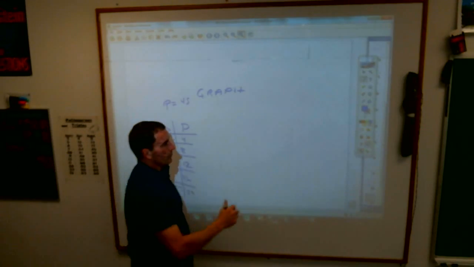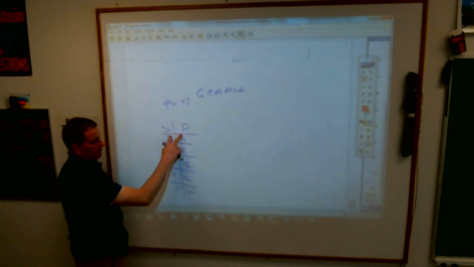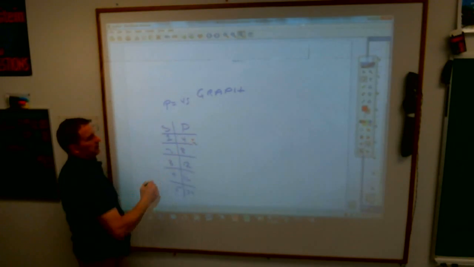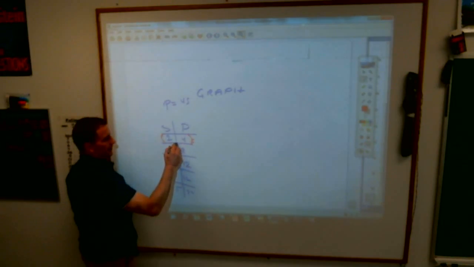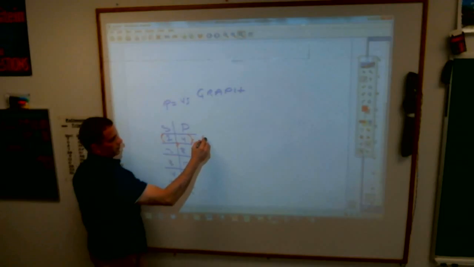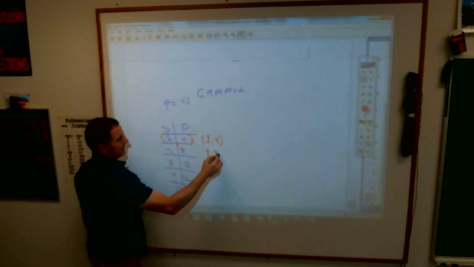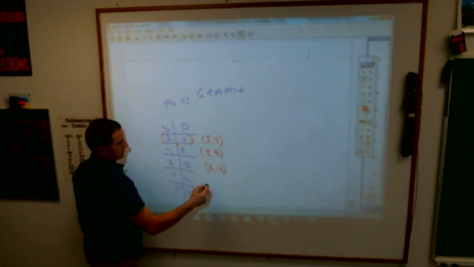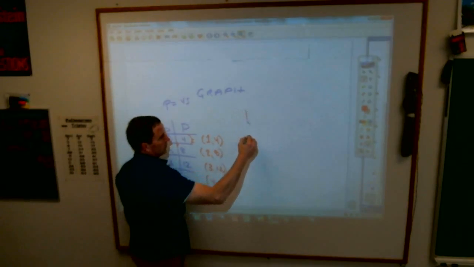You take these numbers and make ordered pairs out of them. In other words, pretend that the parentheses go here and the comma goes between. I get (1, 4), (2, 8), (3, 12), (4, 16).